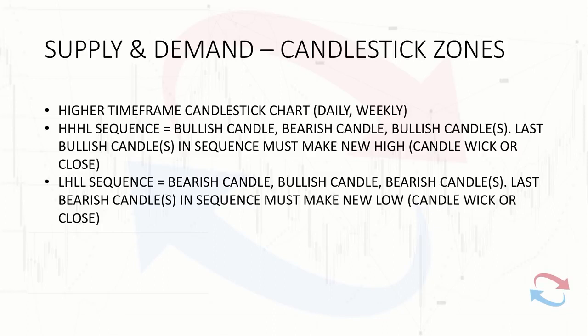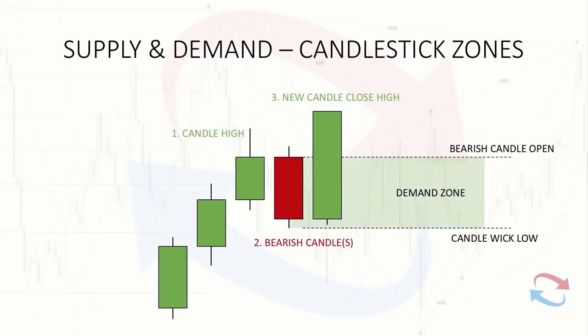So let's look at the demand and bullish example of the higher high and higher low principle. We have a trend up, and we have a candle high. We get a bearish candle, and then a new candle close high.